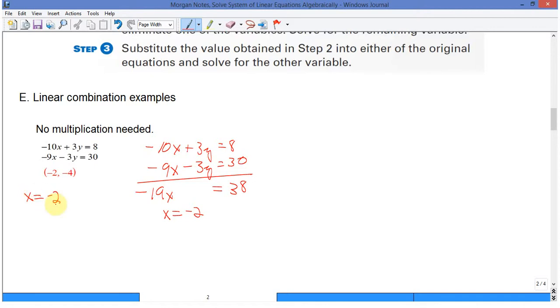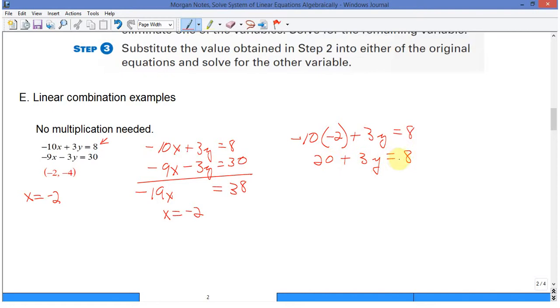Now to find the y value, I need to substitute this x equals negative 2 into one of those two equations. So I'm just going to pick the first one and figure out what y equals. So negative 10 times the x value that I found, which was negative 2, plus 3y is equal to 8. Negative 10 times negative 2 is going to be a positive 20, plus 3y is equal to 8.